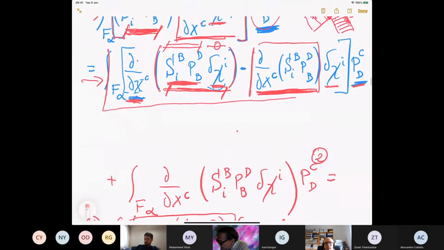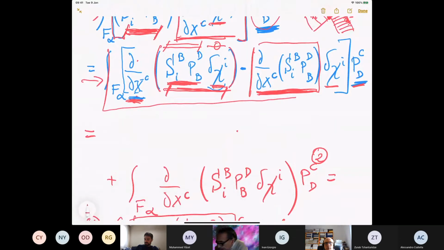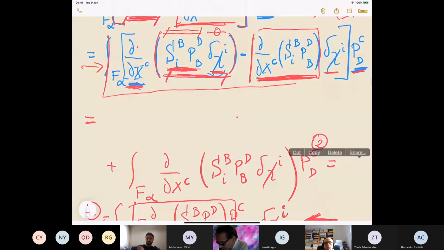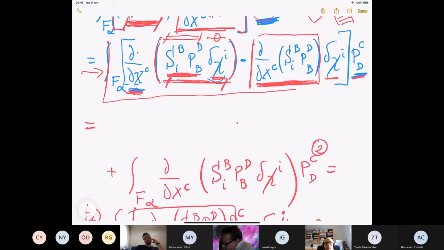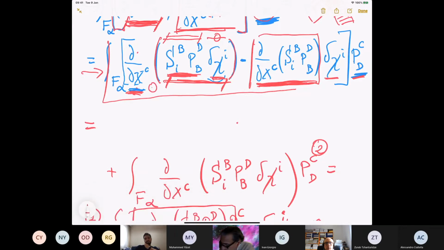Okay. So now, what do we have? We have two terms. We have this 2, which is here on the left. Maybe it is better if I do it here. This is P_CD, which is here, d over dX_C of the whole.